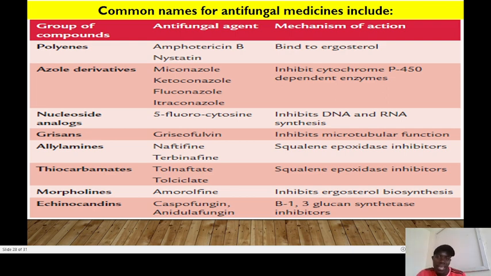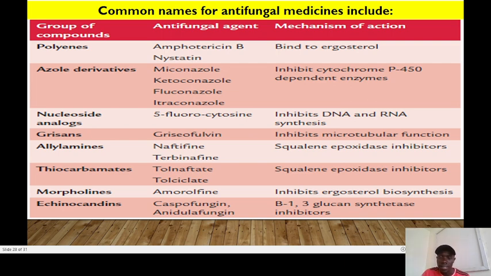The griseofulvin, for example, works by inhibiting microtubular functions, while the allylamines, like naftifine and terbinafine, are squalene epoxidase inhibitors. Then you have the thiocarbamates that have the same mechanism as the allylamines.